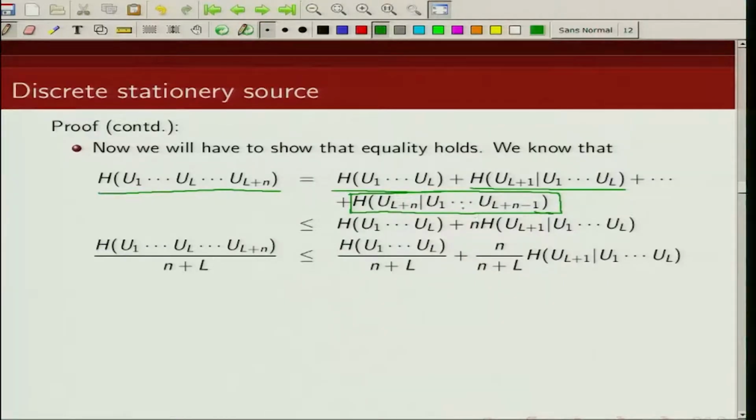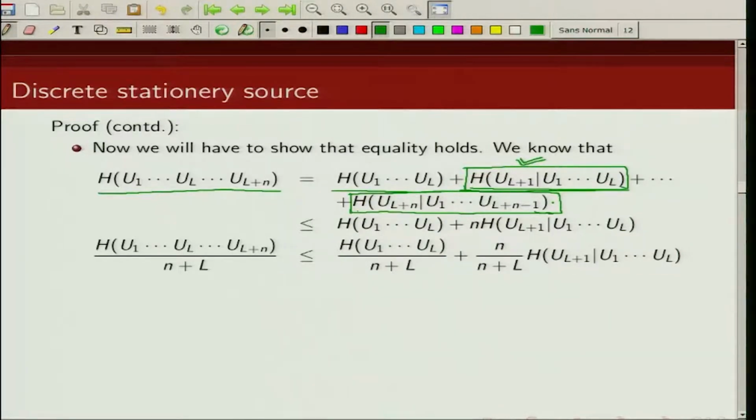So among these n terms, like you have uncertainty in UL plus 1 given U1, U2, up to UL, UL plus 2 given U1, U2, up to UL plus 1, up to uncertainty in UL plus N given U1, U2, up to UL plus N minus 1, among all these terms, this term is the greatest because we have proved from property 2 that this is a non-increasing function as L increases.